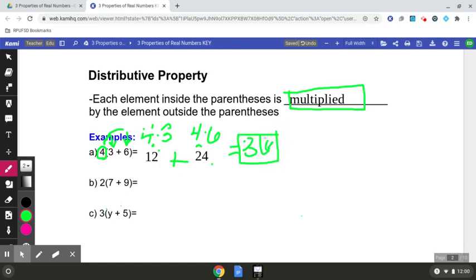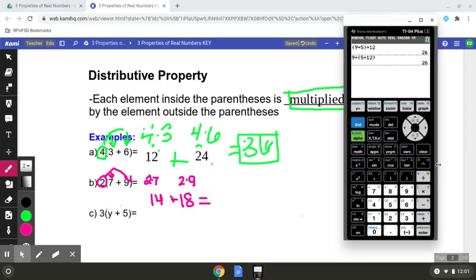Okay, so now if we do the same thing for the next one, we're doing 2 times 7, and then we're going to do 2 times 9. 2 times 7 would give us 14, plus 2 times 9 would be 18.